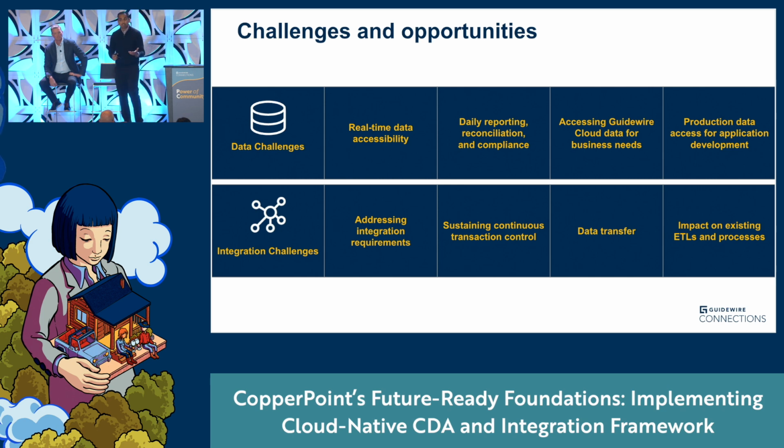Our product owners are tech-savvy, and they were used to accessing a copy of production data to generate reports and to assess activities in X centers, for example, to assess claim severity or to look at delinquent accounts. Our app developers were used to accessing production data to triage production issues as well. So we were wondering how to address all of these challenges.